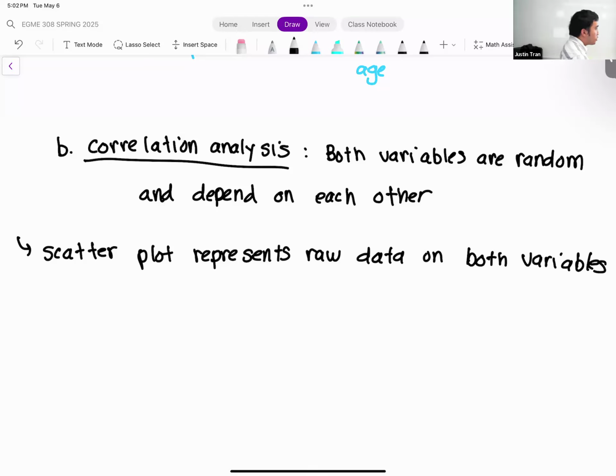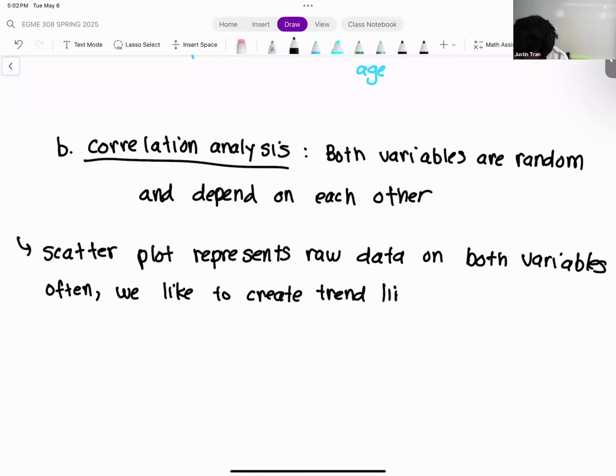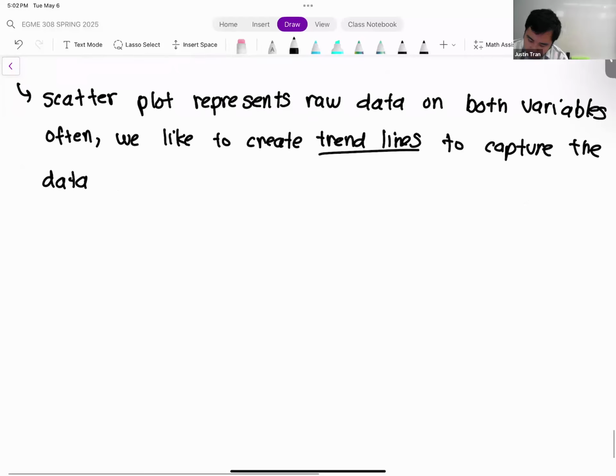And so to help with interpreting the data in a scatter plot and to help with communication, oftentimes we like to produce something called a trend line through the data. Okay. All right, so you guys have probably seen trend lines before.